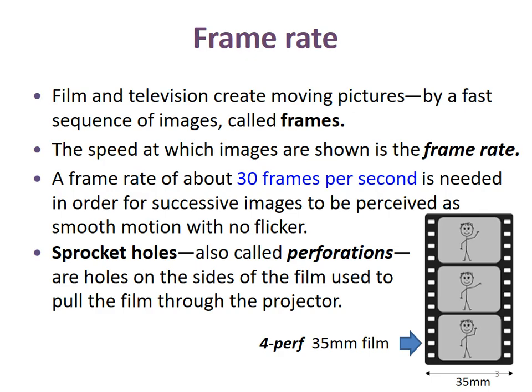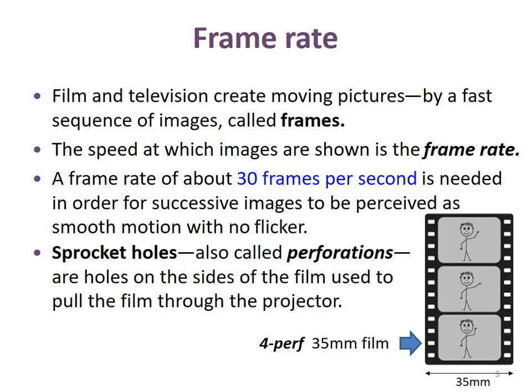Okay, so a very important attribute to make persistence of vision happen is the frame rate. Because we are talking about this very special human vision ability, once two single frames happen within a very short time, we use frame rate to control the timing.